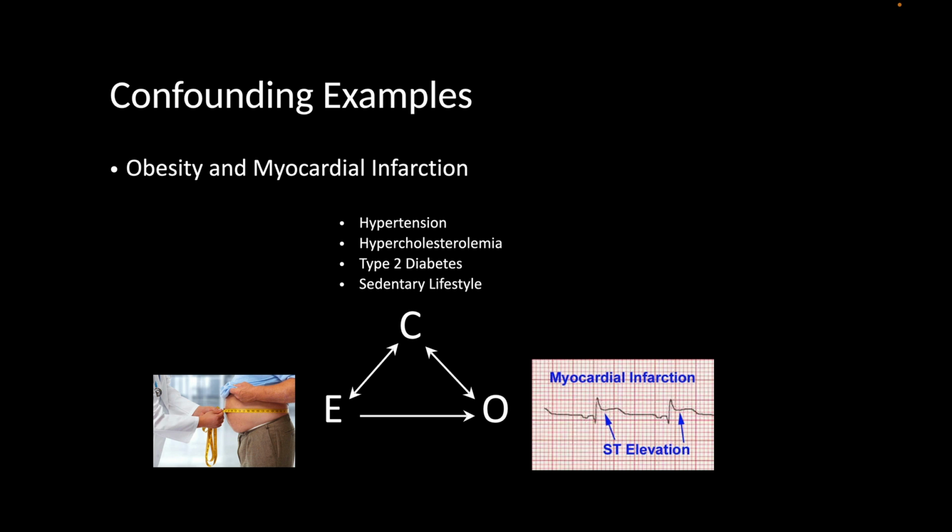So hypertension is associated with being obese and is causally associated with heart attacks, as is high cholesterol, as is diabetes, and sedentary lifestyle. All of those things are associated with obesity and cause heart attacks. So it's hard when we try to measure the true independent impact of obesity on myocardial infarction. It's hard to do that because of all of these confounding variables that distort our accurate assessment of how much individually obesity leads to heart attacks.